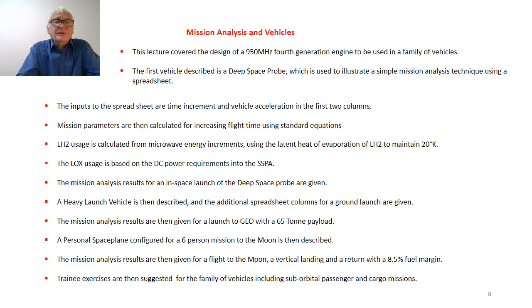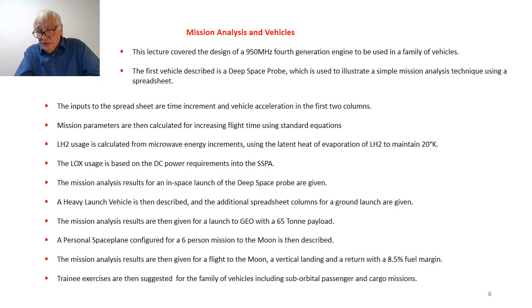Now, the inputs to the spreadsheet are time increment and vehicle acceleration for the first two columns, and then basically using the specific thrust of the vehicle, the total thrust and the vehicle mass, you then calculate the mission parameters for increasing flight time.